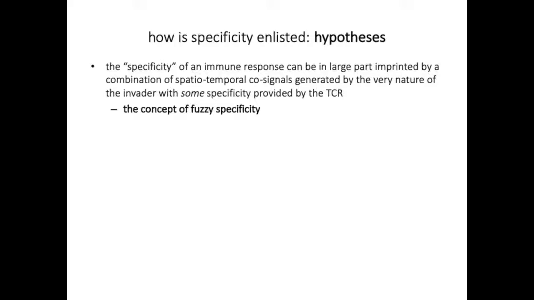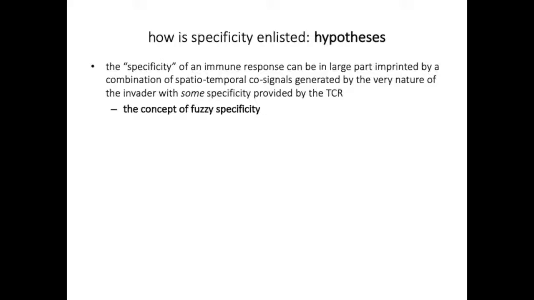So when the T cell enters an environment where you have all kinds of cytokines present and all kinds of cells that are more or less activated and express molecules that can provide second signals, the signal from the TCR is only adding to these other signals that are non-specific.